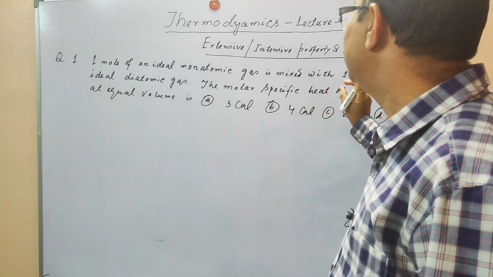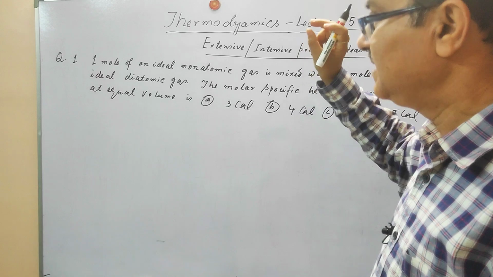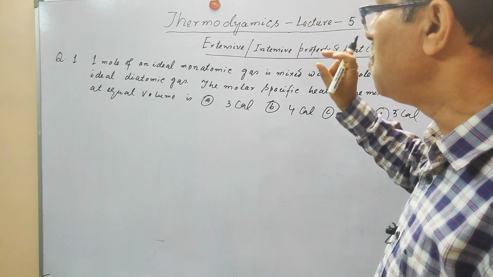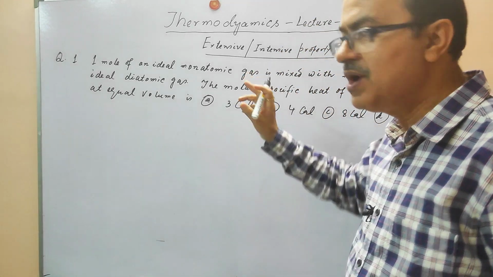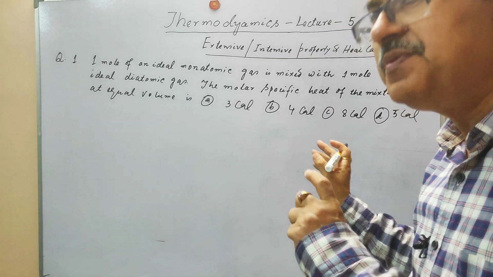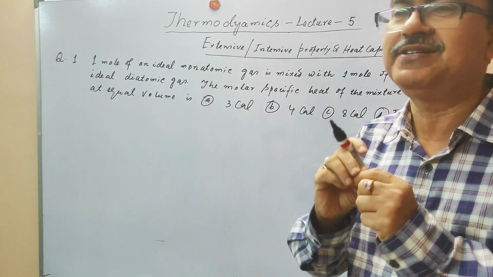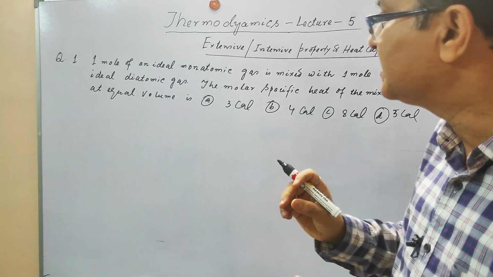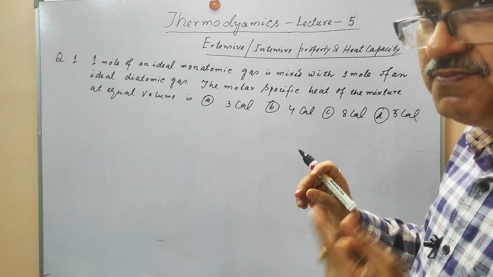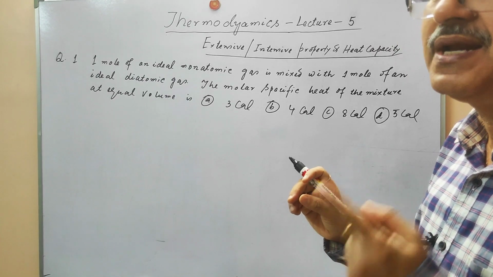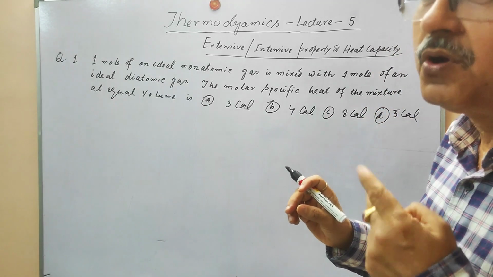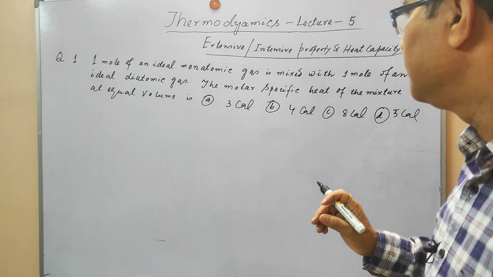So what this numerical wants to know is, when the monoatomic gas and the diatomic gas have been mixed, then what will be the resultant Cv, that is the molar heat capacity at constant volume.